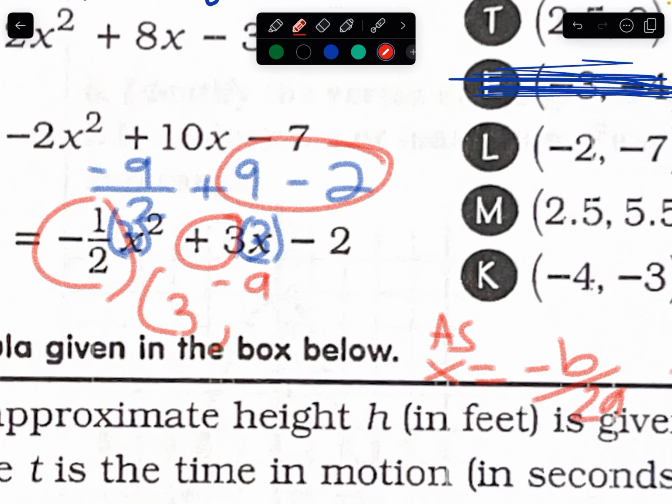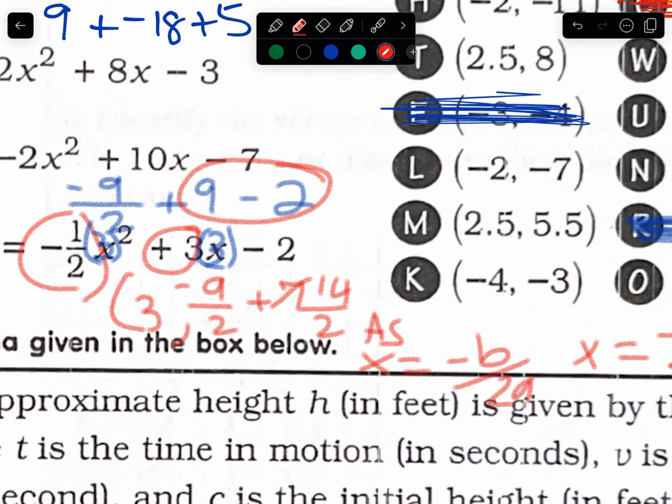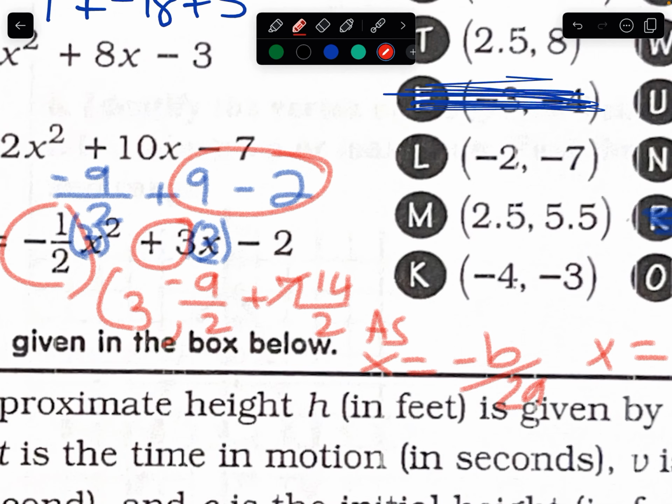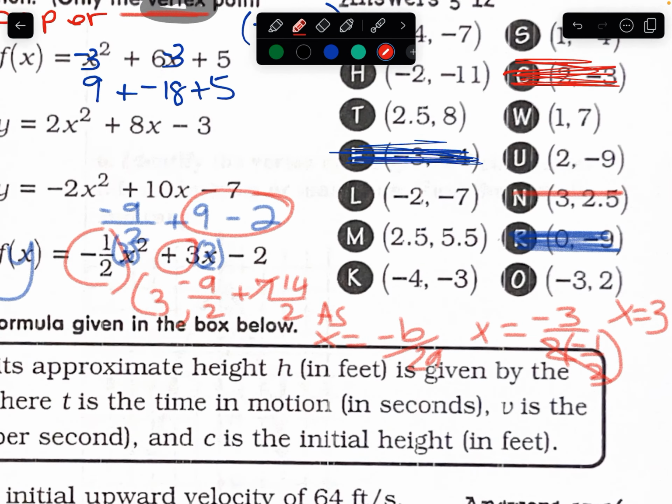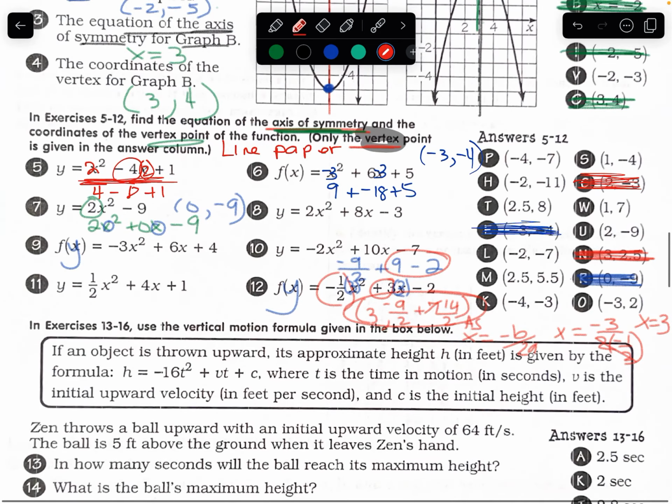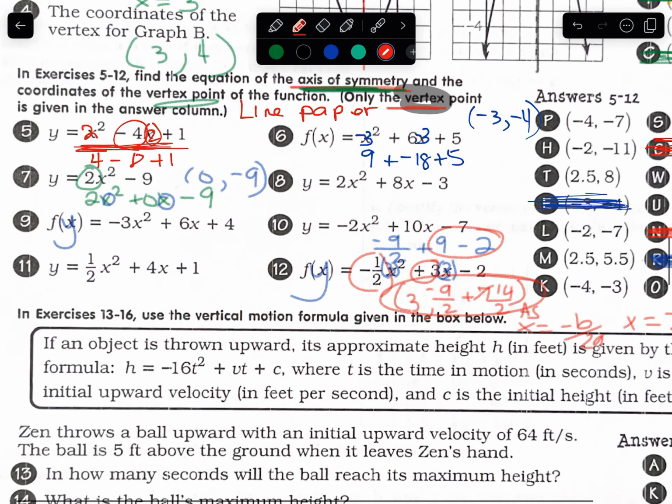So negative 9 over 2 plus 7. 7 is 14 over 2. So you get 5 over 2. 3 and 5 over 2, which is 2 1/2. Make sure you do work where I can understand it. This is chicken scratch. It's very important that I know you know how to do fractions.